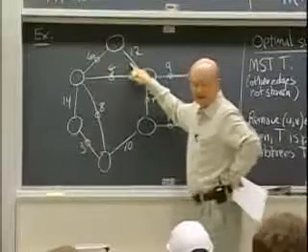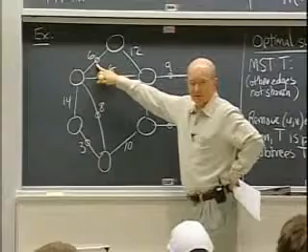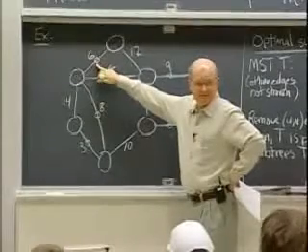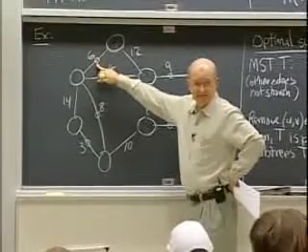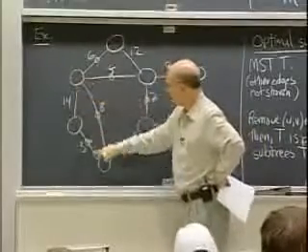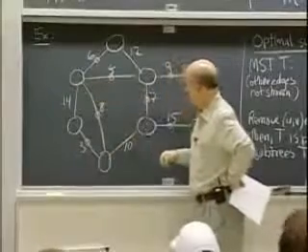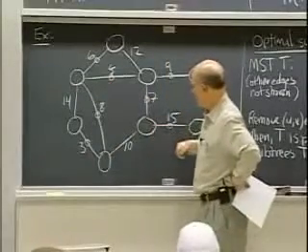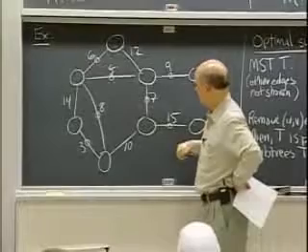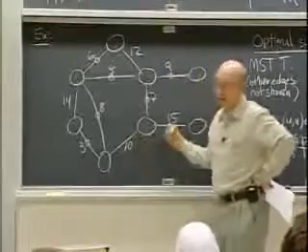Well, there are only two edges that connect it to everything else. And the theorem says that the lighter one is in the minimum spanning tree. Hey, I win. And if you take a look, every vertex that I pick, the lightest edge coming out of that vertex is in the minimum spanning tree. But that's not all the edges that are in here.